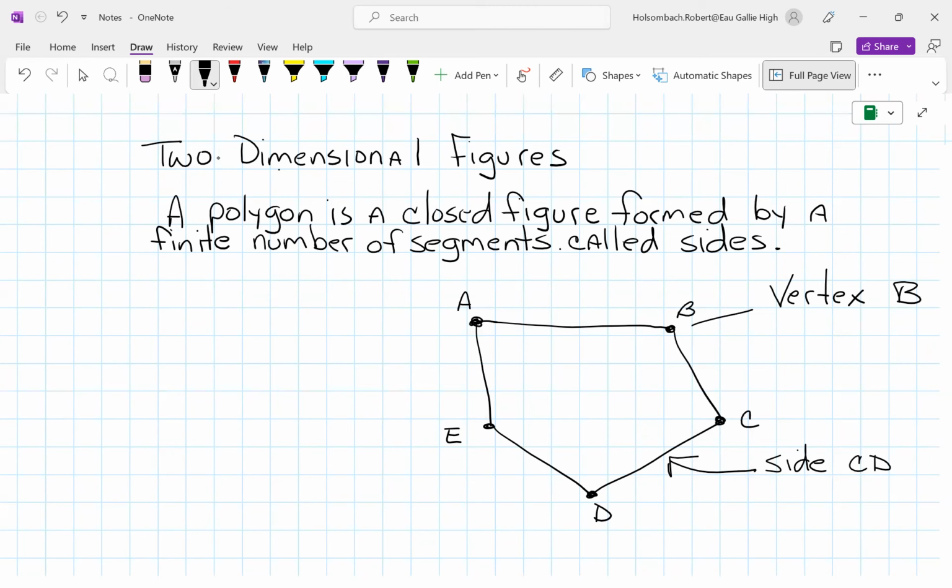And we could name this polygon by its vertices going in consecutive order. So A, B, C, D, E.